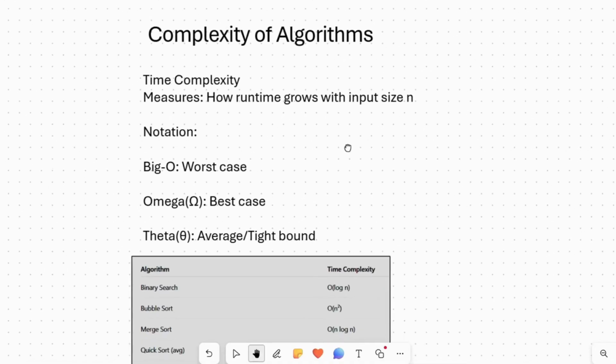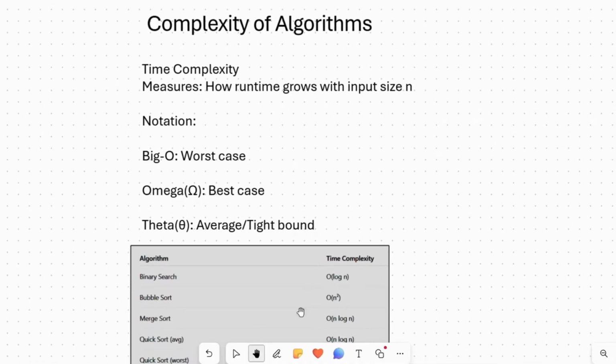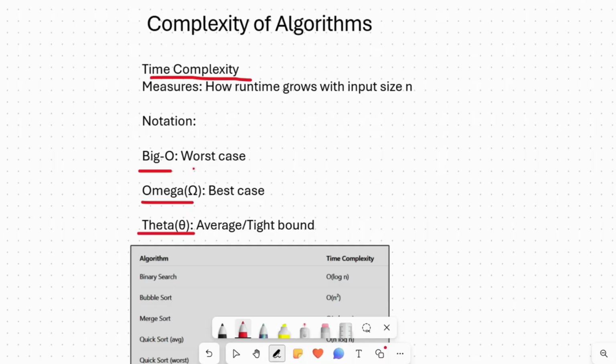Now let's talk about complexity of algorithm. Time complexity, very important: how runtime grows with input size n. Notation can be big O, omega and theta. Big O is worst case. When we analyze an algorithm, we always consider big O, the worst case scenario.